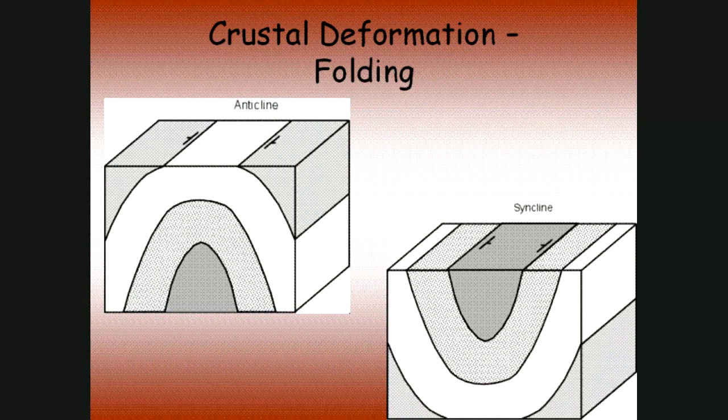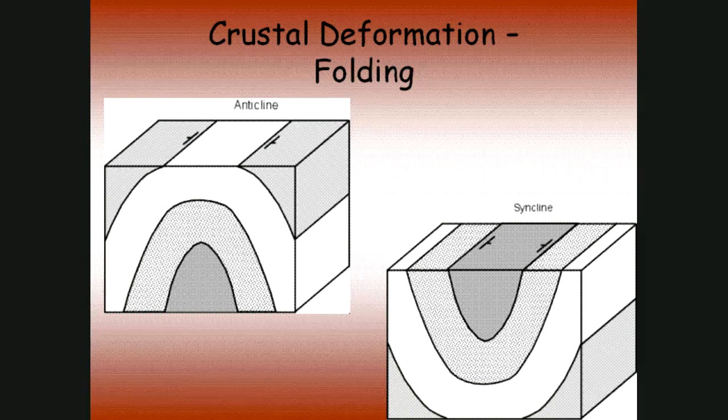In faults, we have descriptions for the various kinds of faults. You know, if it's an upward fold, we call it an anticline. If it's a downward bend, we call it a syncline. Now, how are you going to tell the difference between a syncline and an anticline? Well, remember it this way.